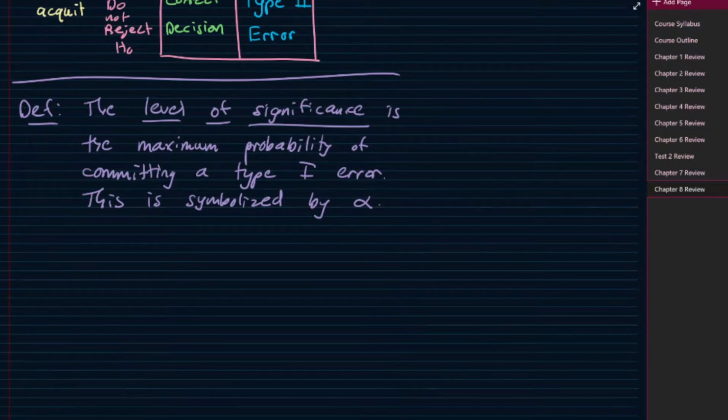A quick note, I guess. A type 2 error is symbolized by beta.